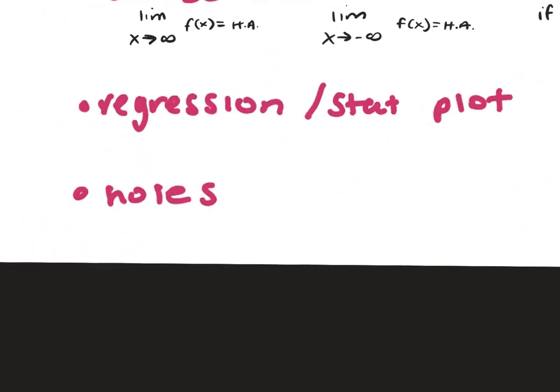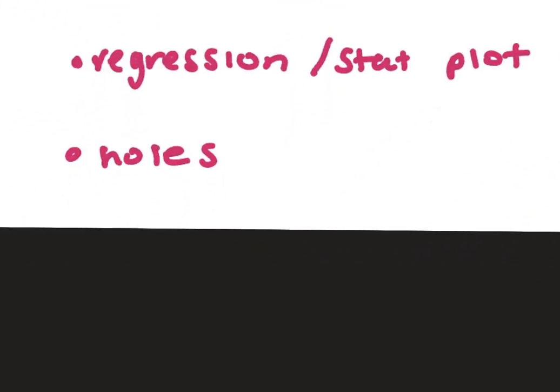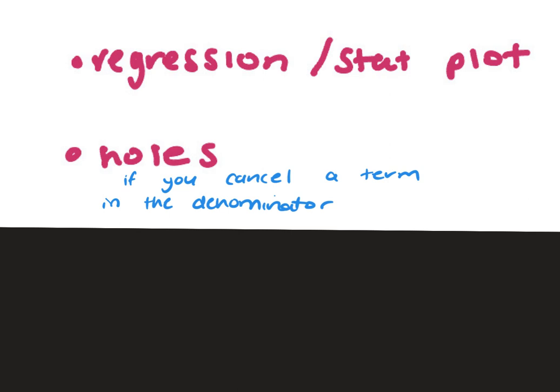I'm going to go to holes, and then I'll go back up to the regression. So the holes, if you cancel a term in the denominator, it causes a hole there. So if I had x plus 1, and then I had x squared plus 2x minus 3.